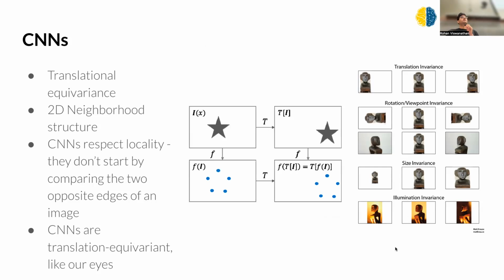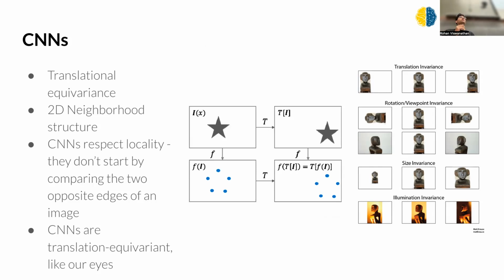Some benefits of CNNs and some of their key characteristics are translational equivariance and a 2D neighborhood structure, right? We know from before that CNNs traditionally are used for 2D images and image processing in their most basic form. What translational equivariance means is that as we move an input, our output is also moved.